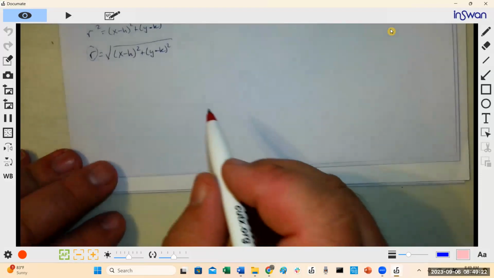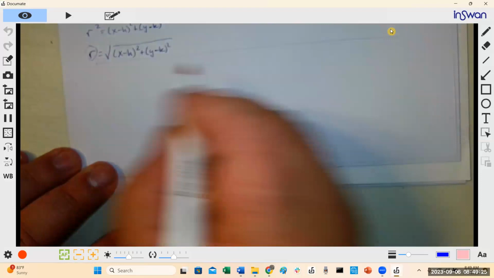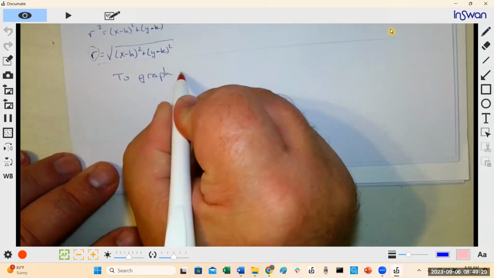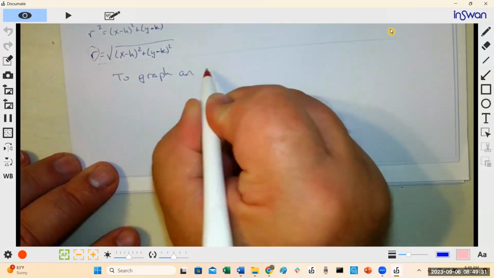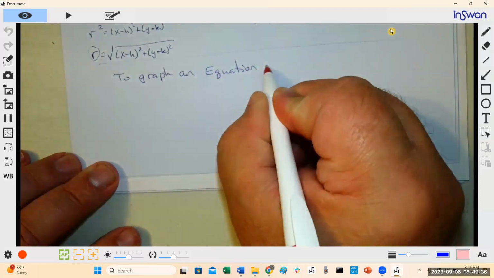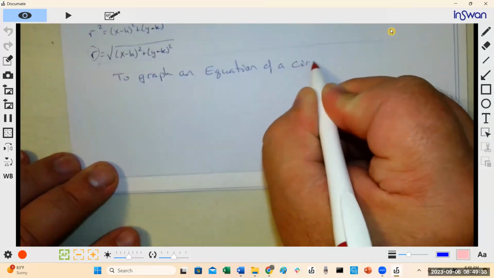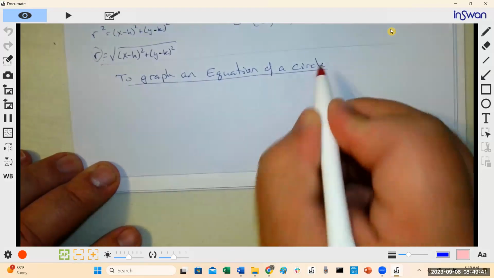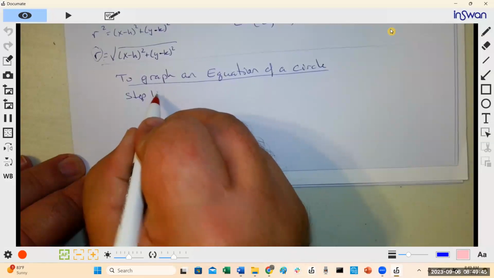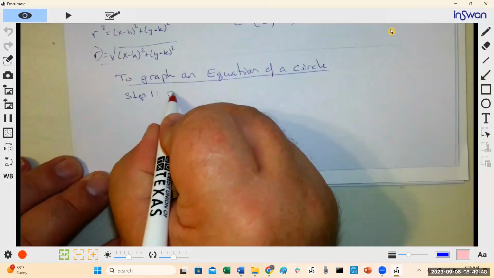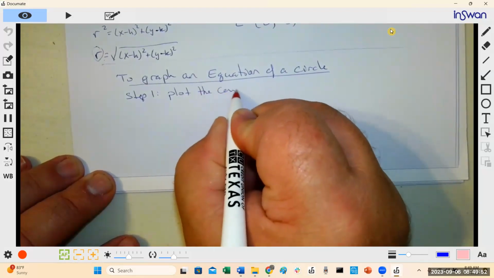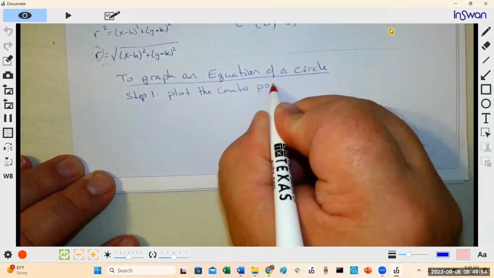Oh, from here, to graph an equation of a circle, step 1, plot the center point.